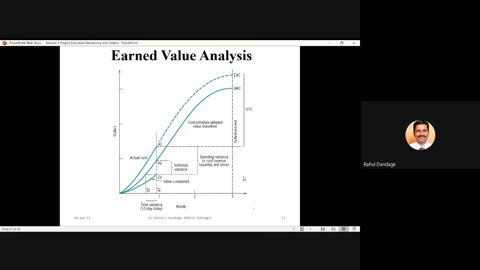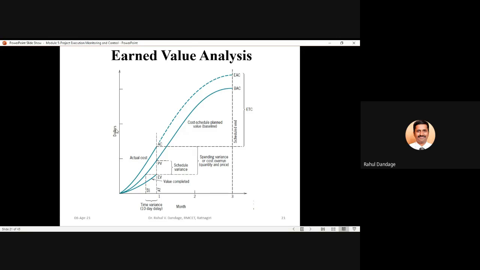Here we have mentioned dollars because it is an international unit for monetary transactions. So this graph indicates the monetary transactions versus the duration in the life cycle of your project.